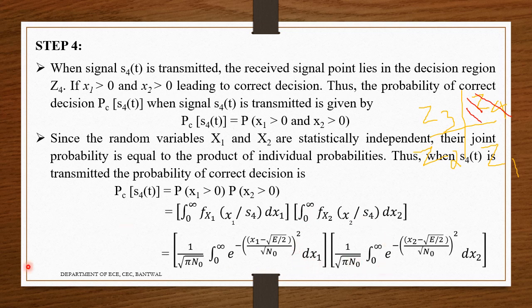Similarly, again 1 by square root of pi N naught, the integral from 0 to infinity of e raised to minus (x2 minus square root of E by 2) divided by square root of N naught, the whole square, into dx2. The same thing we'll be doing here.